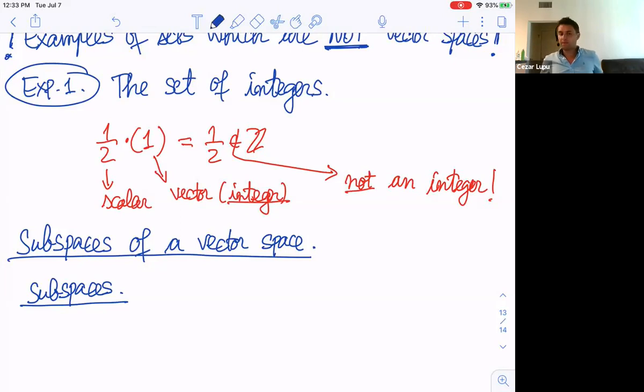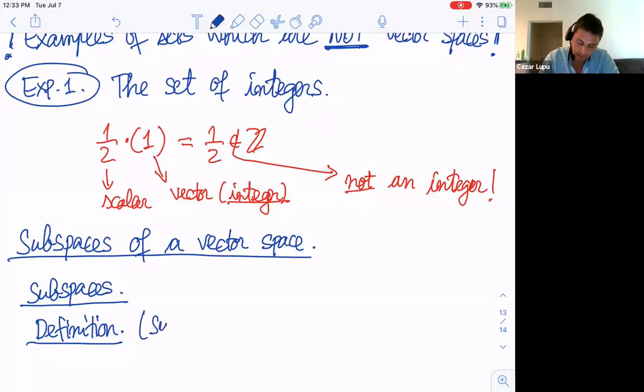Be more specific. It's a subset that satisfies the same set of axioms, just like the vector space. Exactly. A subset that has the same properties as the vector space. So let's write the definition. The definition of a subspace of a vector space.